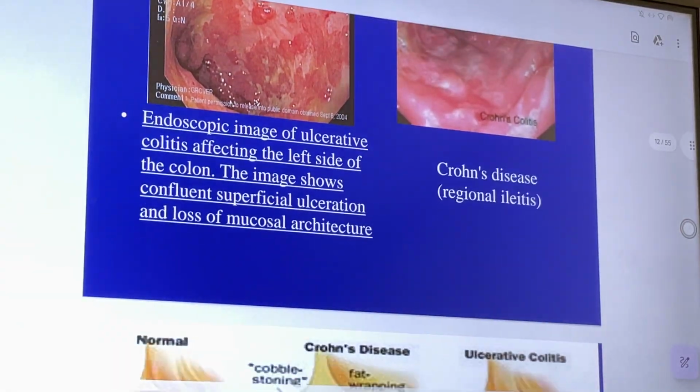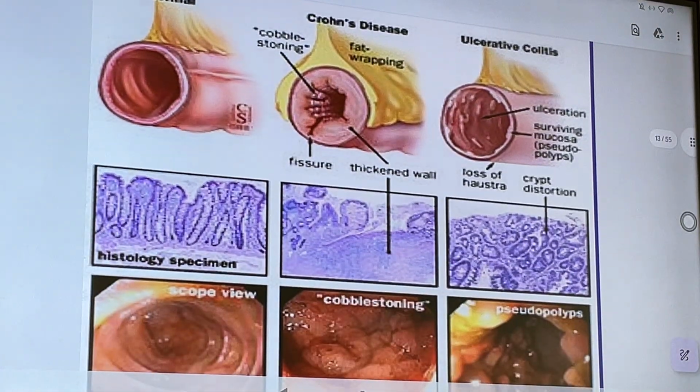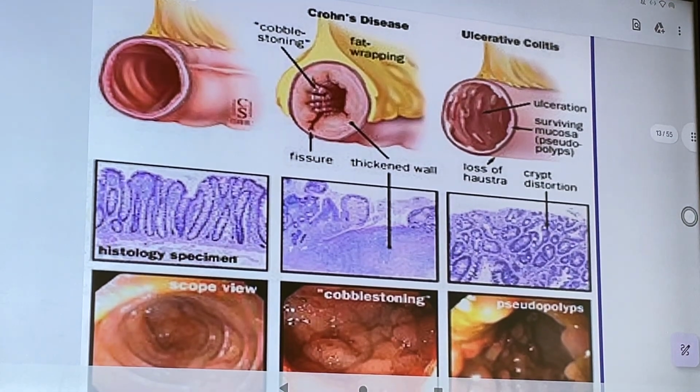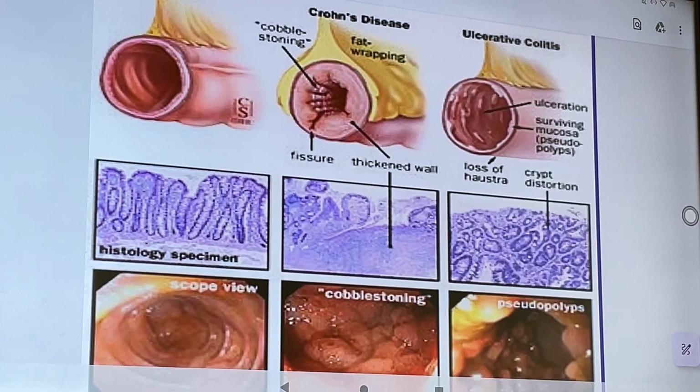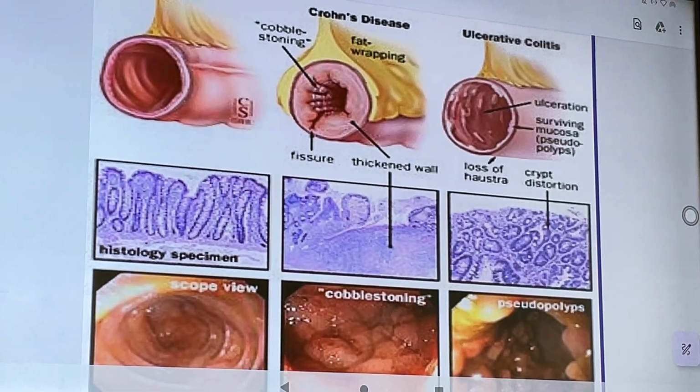Next. This slide I like very much because it shows schematically, endoscopically, and histologically the main features which happen in IBD.